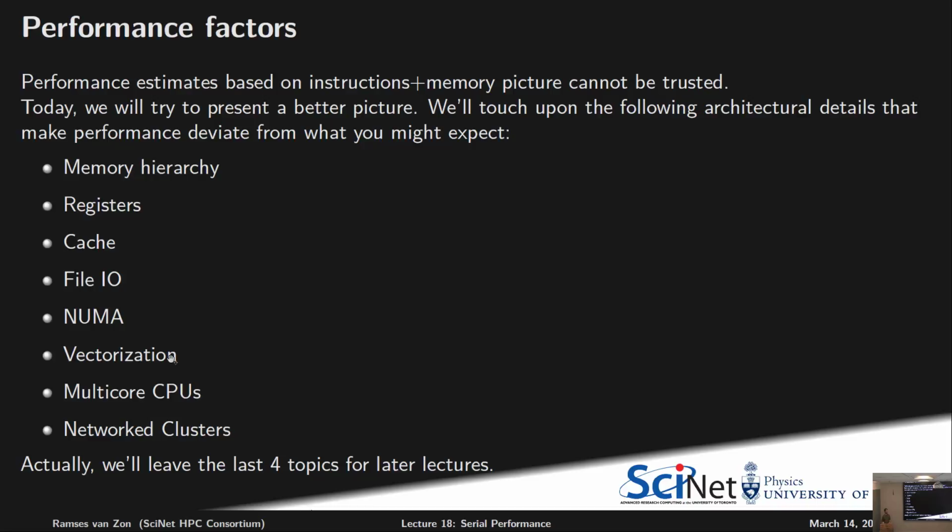We could talk about vectorization, which is a way of doing more than one thing at the same time with one core. We can talk about multi-core CPUs, network clusters. This is way too much to do in this 1 hour, and we can't do that. So we're going to leave the last 4 topics for when we're doing parallel processing, and we're going to look a little bit at the top 4.